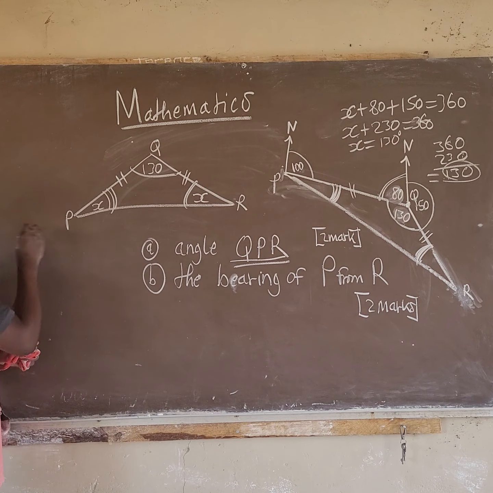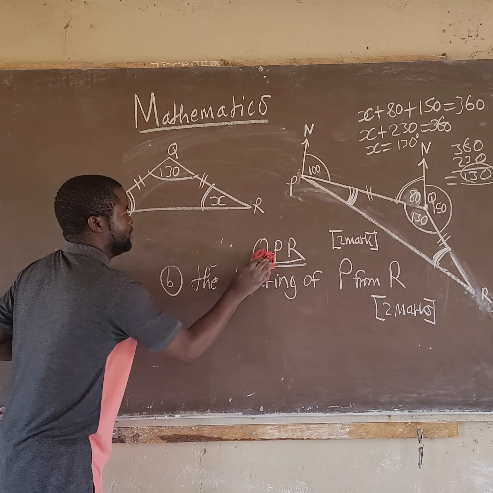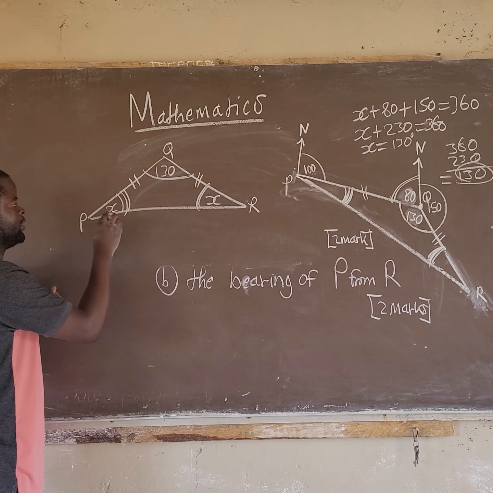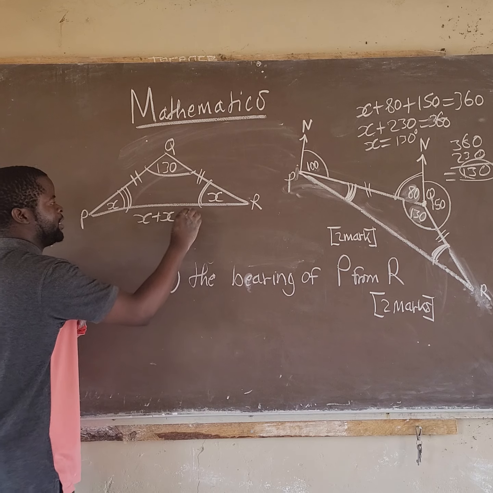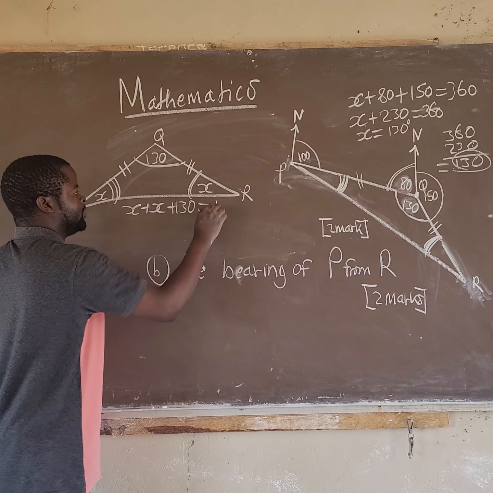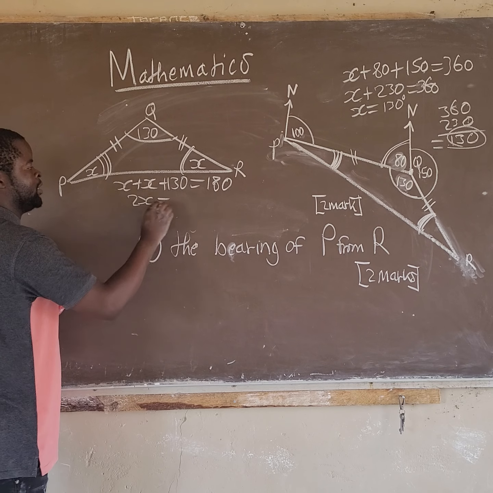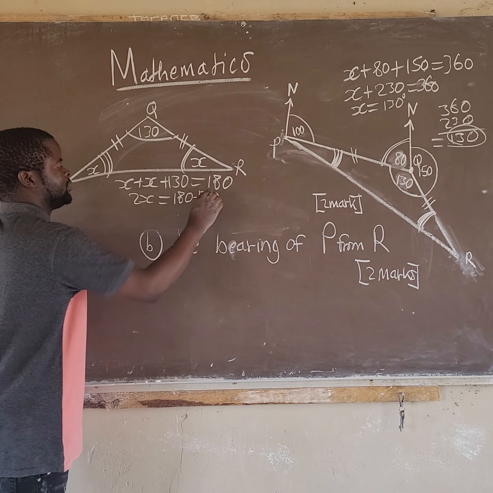So my QPR will be: I need to consider adding x plus 130, then equate it to 180, where I'll say 2x is equal to 180 minus 130.